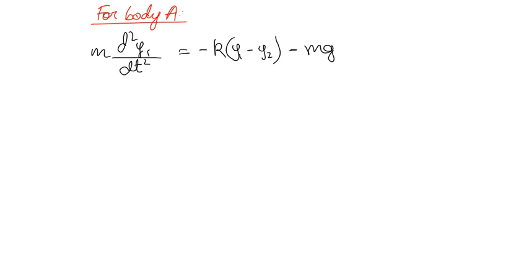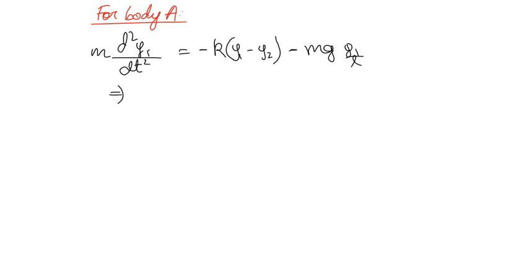For body A, we can write the differential equation as m times d square y1 by dt square, which is the inertial force, that is equal to minus k of y1 minus y2 minus mg y1 by L, right?